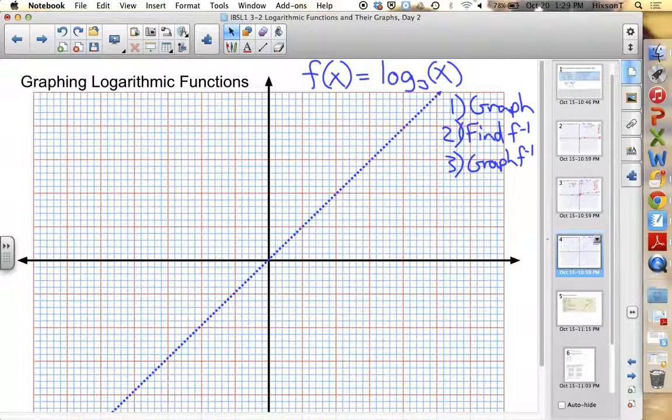To solve for y, you translate it into an exponential, so y equals 3 to the x. It goes back to what we were looking at earlier: the logarithm and the exponential at the same base are inverses of each other. So here you have a base of 3, so what's the exponential with the same base?